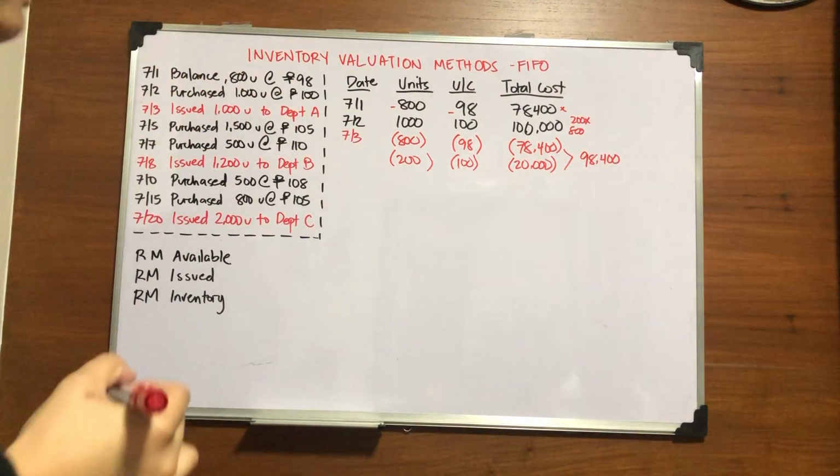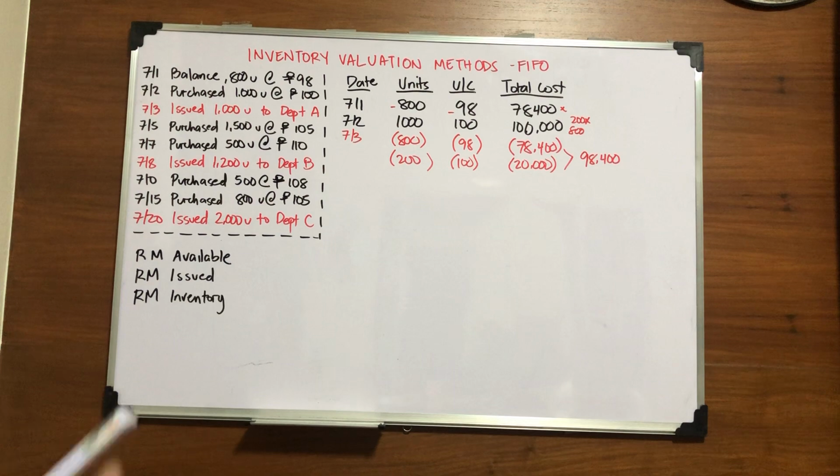Next, on July 5, I had the transaction of purchasing 1,500 units at 105 pesos per unit.